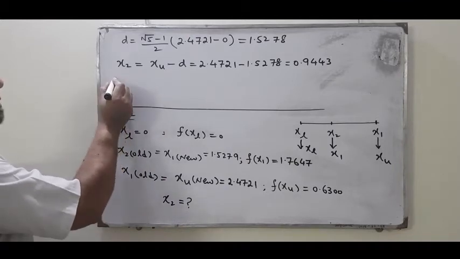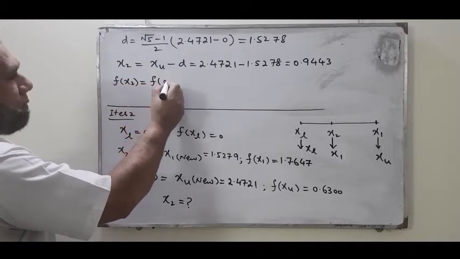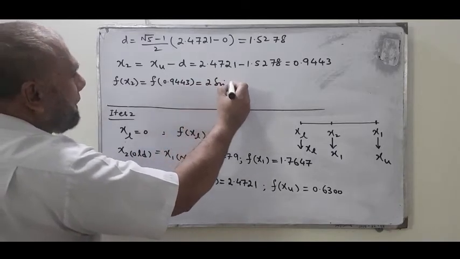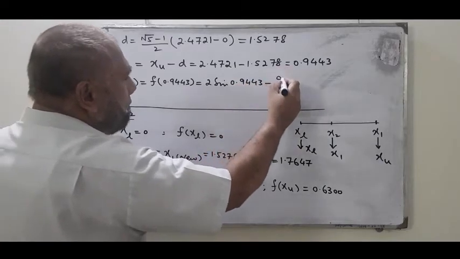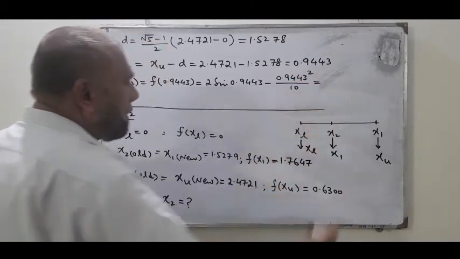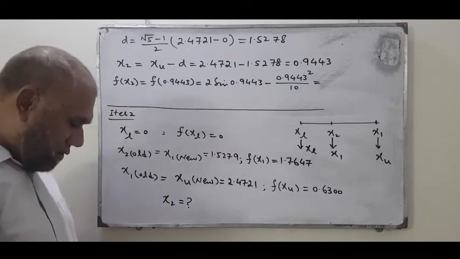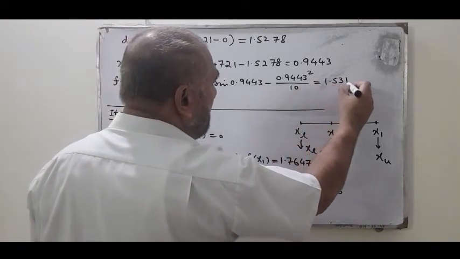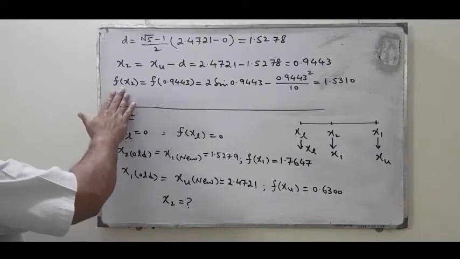After calculating x2, now we find the value of the function at x2, f of 0.9443 equals sine of 0.9443 minus 0.9443 square whole divided by 10. So this is the function in which we have substituted the value for x2, and on simplifying we'll get 1.5310. So this is the function's value at x2.